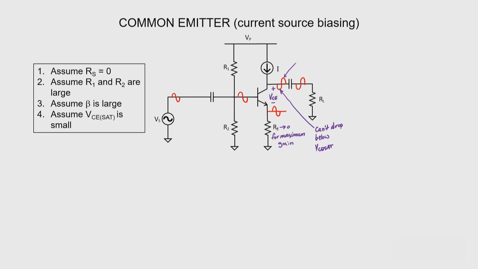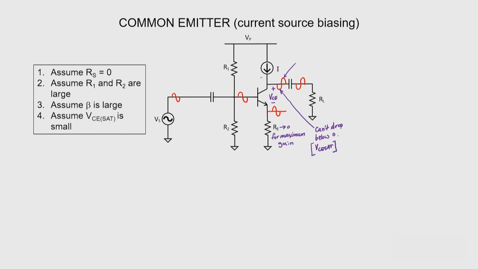If we assume that that's a number close to 0, I can effectively say that it can't drop below ground. Now, how high can it go? Well, at its highest point, that means that all of the current from this DC current source should be driving our load, and no current would flow through the collector.